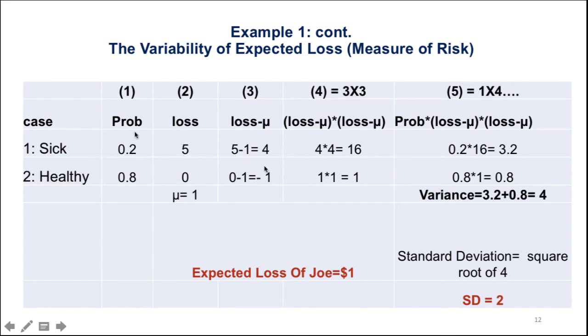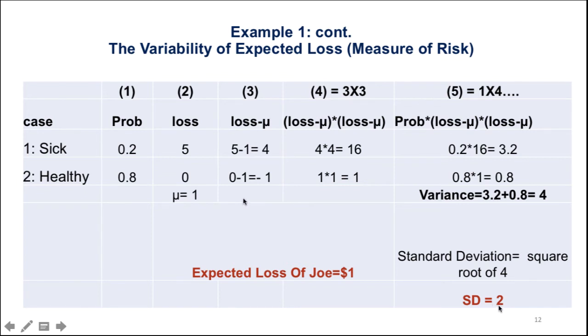So 5 minus 1 is going to be 4, 0 minus 1 is going to be minus 1, and then we square this column 3. That gives us the square of the variability, and then we multiply by the probability in the first column, and we get 20% by 16 and 80% by 1, and then we add them up. It's 3.2 plus 0.8, which is going to be 4, and then the standard deviation is the square root of 4, so the standard deviation will be 2.